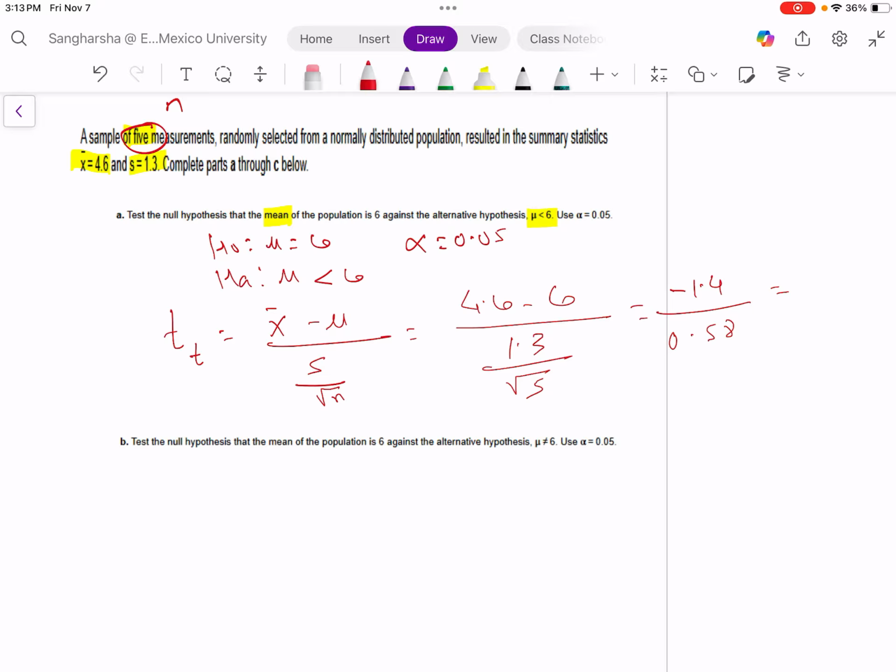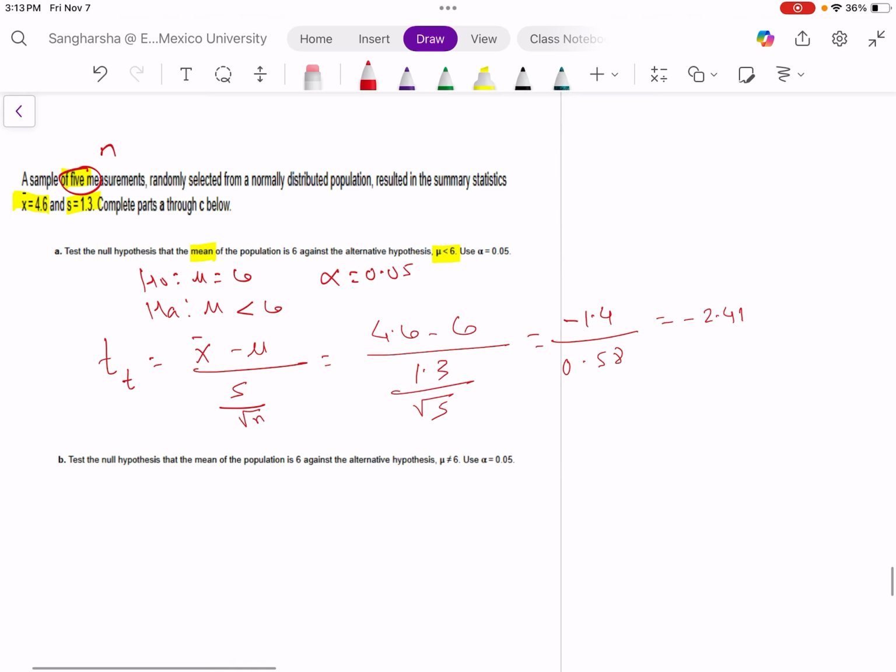Negative 1.4 divided by 0.58 is negative 2.41. So let's draw our rejection region.